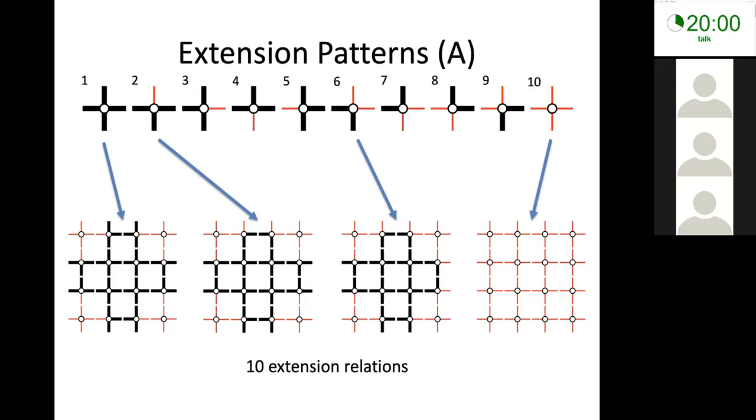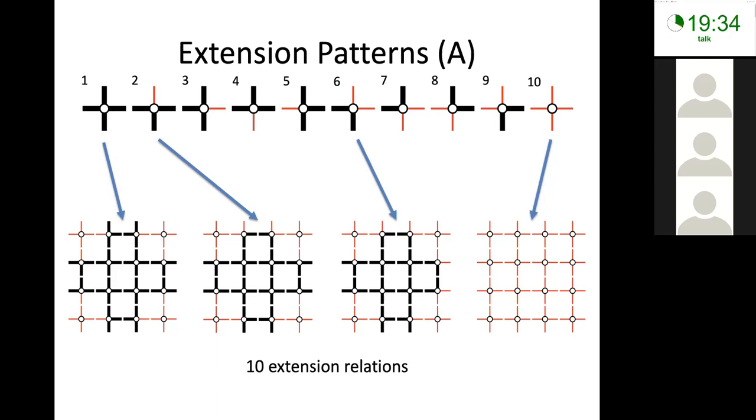And here we would need 10 different types of local tensors to represent such a tensor network state. Each of these local tensors is extended by its own extension relation. These relations specify how to combine the tensors of different types to extend a given tensor type.